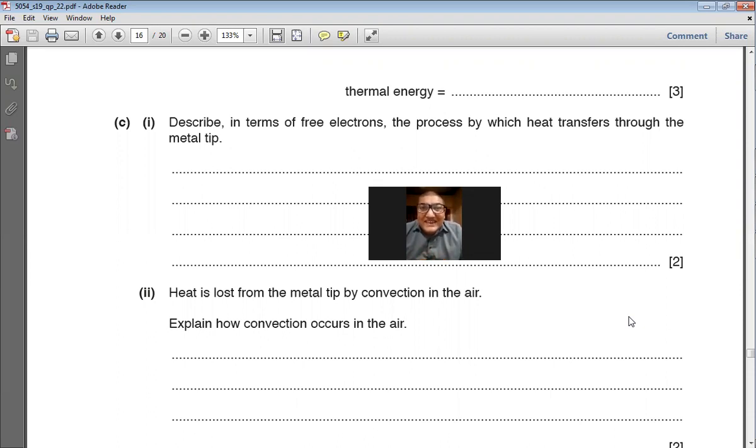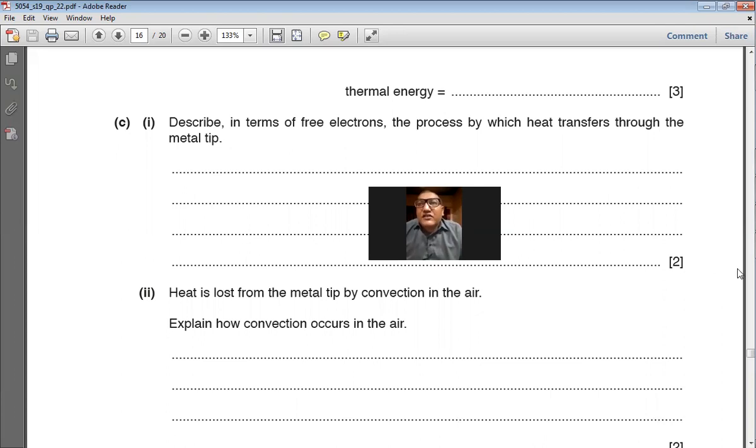So they increase their kinetic energy. So in this way, by the free electron diffusion, the energy is transferred from hot end to the cold end, and this process is called conduction. And this is also called free electron diffusion. So that's a 2-mark question.